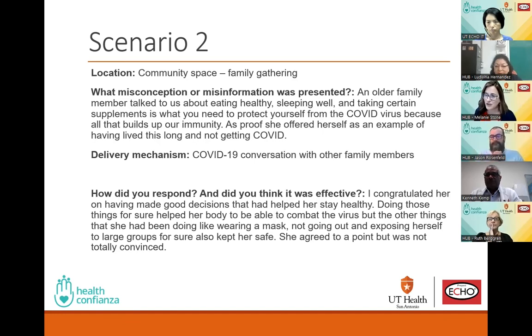So having that circle of community to keep that person safe. So I would probably draw upon examples of people who are in her circle, maybe even the young children, the babies. So that might motivate her to think about getting it, to help other people.